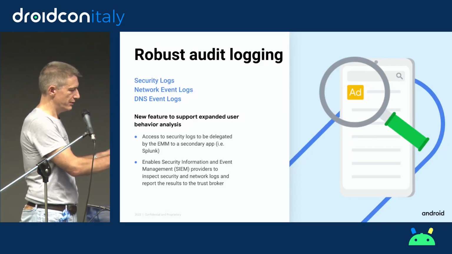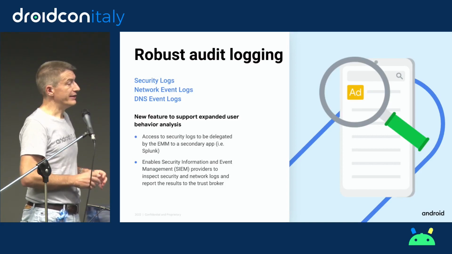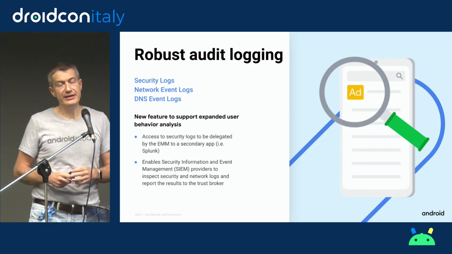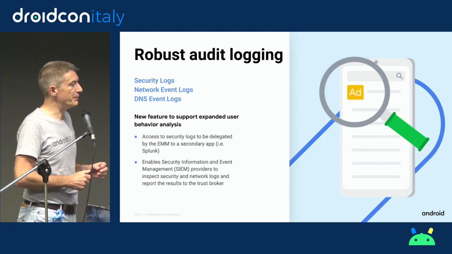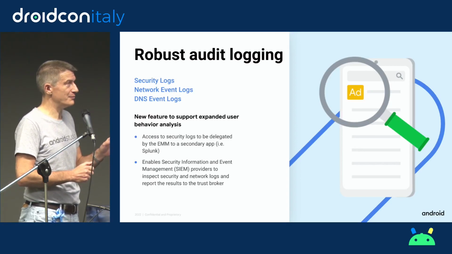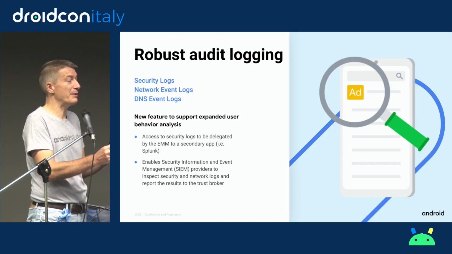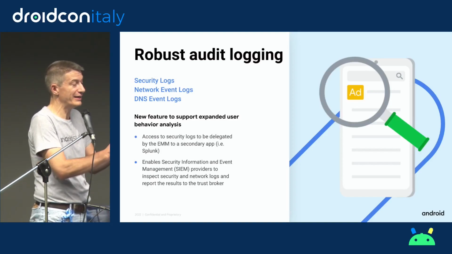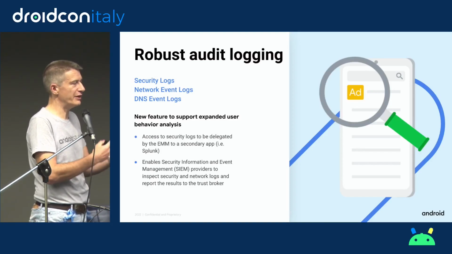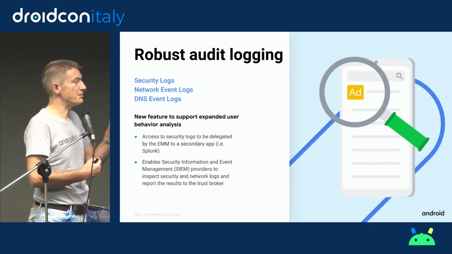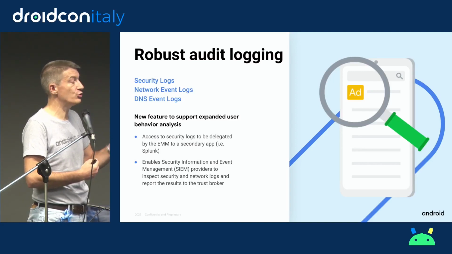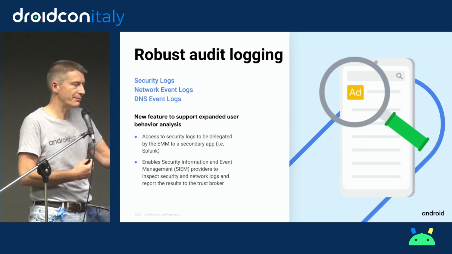Okay, management API. The other thing that we added in Android 12 is the possibility, because now there is the CloudDPC, maybe you want to have something done that is not available in the CloudDPC. You can give some specific scope that has been created to another application, a third-party application.